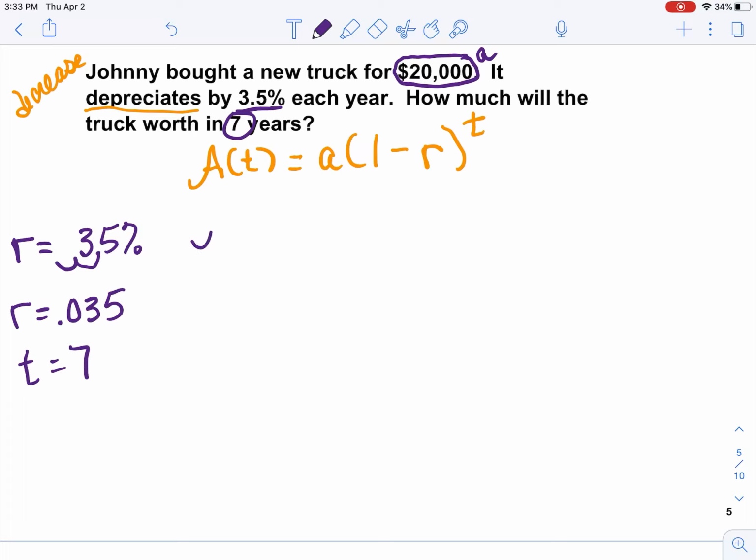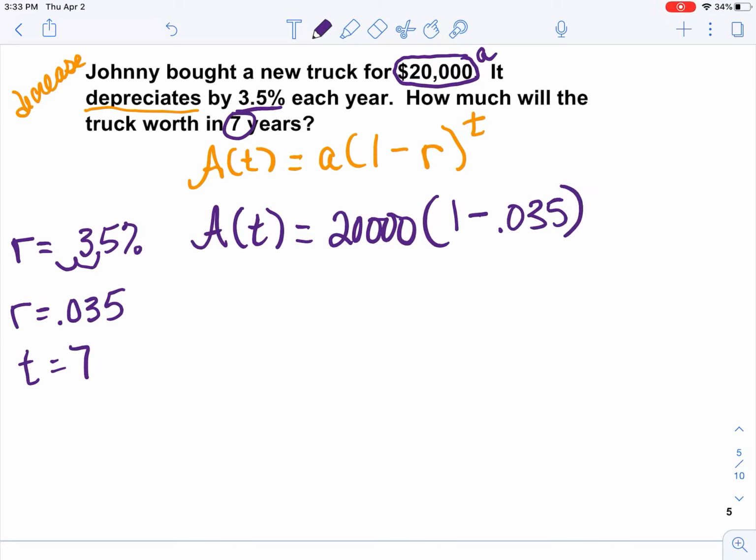So let's plug everything in. My A value is 20,000 times 1 minus 0.035, and my T is to the 7th exponent. And so put everything in your calculator at once. 1 minus 0.035 to the 7th.